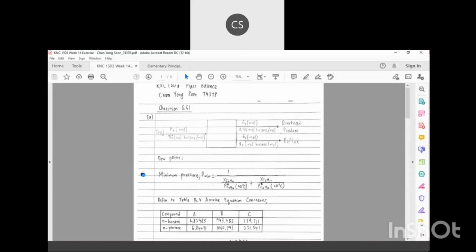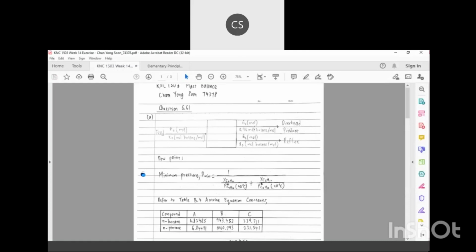The vapor feed to the condenser is represented by the molar flow rate of the mixture, and then y0 refers to the molar composition of the butane in the mixture. For the output streams, there are two, which consist of the overhead product and the reflux.